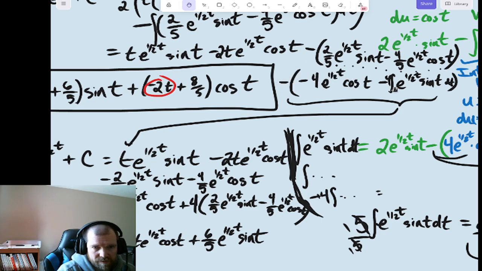This times that makes it positive. So then, right, it should be positive then negative. So cosine times the 4. Yeah. I'm willing to write that one off.